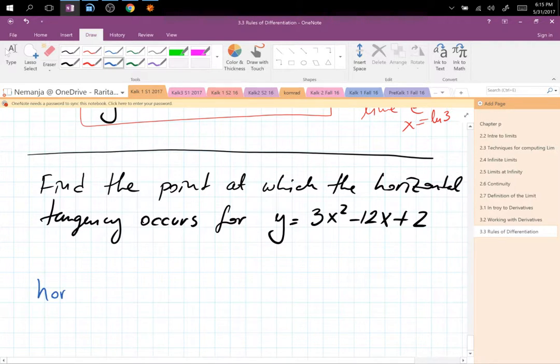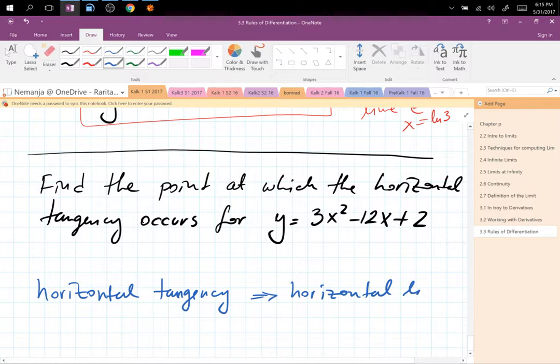So, horizontal tangency implies horizontal line implies slope is equal to 0.